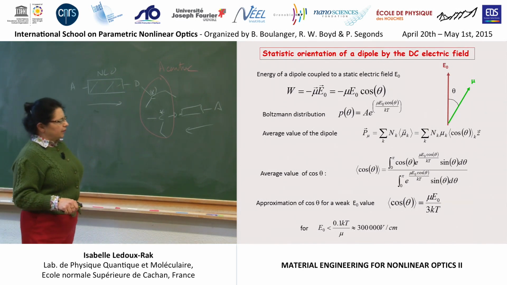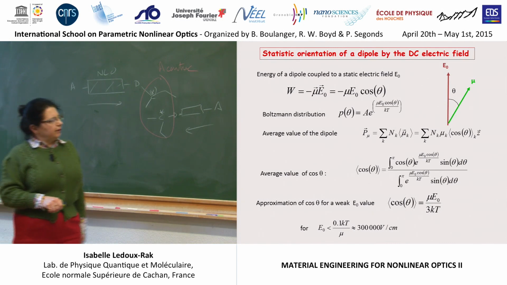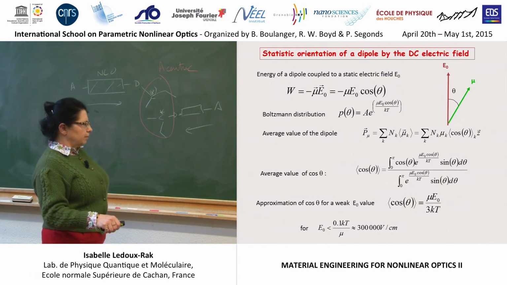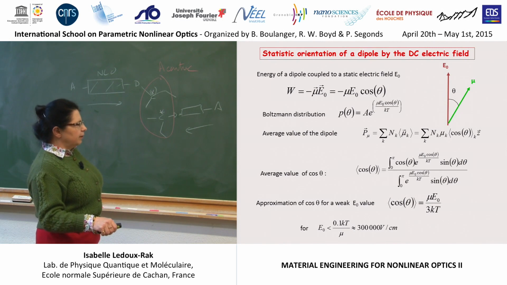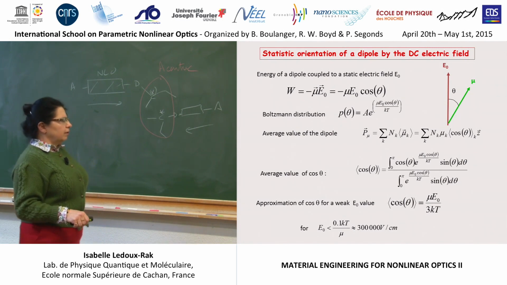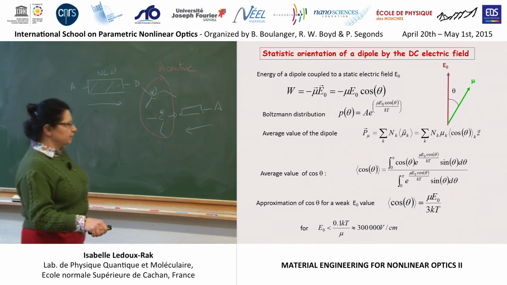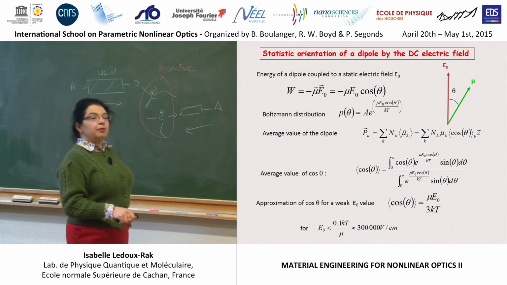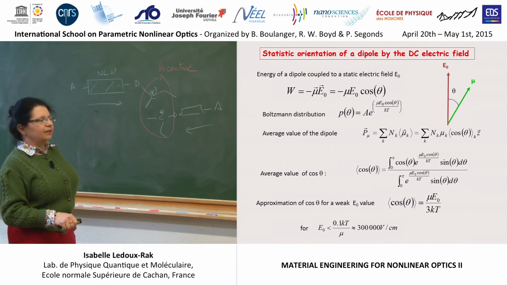And we find that cosine theta for a weak poling field value is given by this expression, for a field which is lower than 300 kilovolt per centimeter, which is the case for most situations.